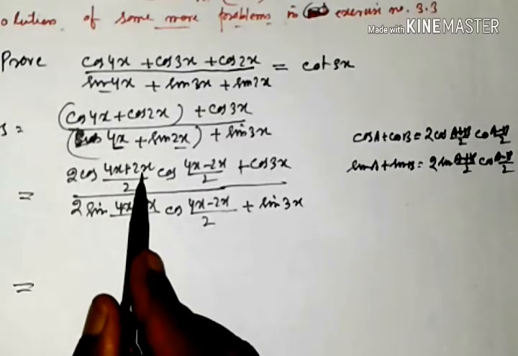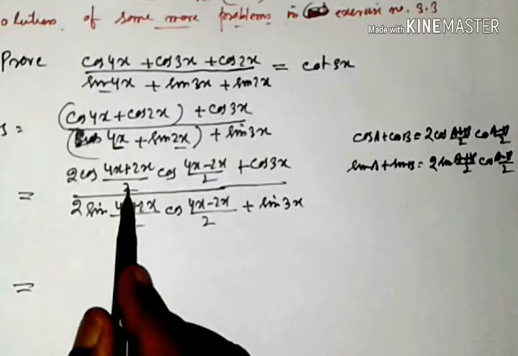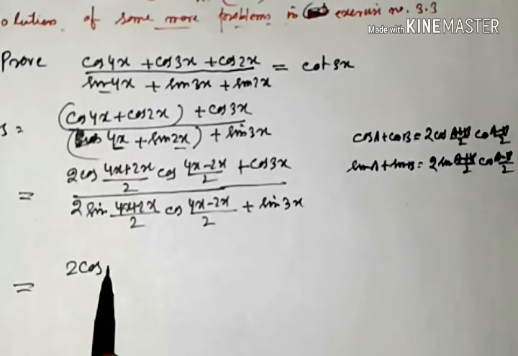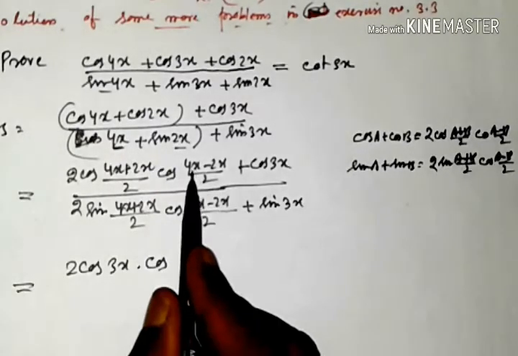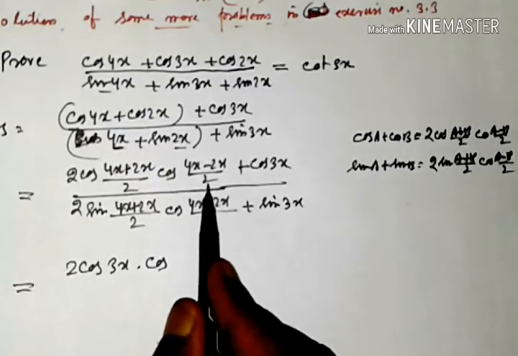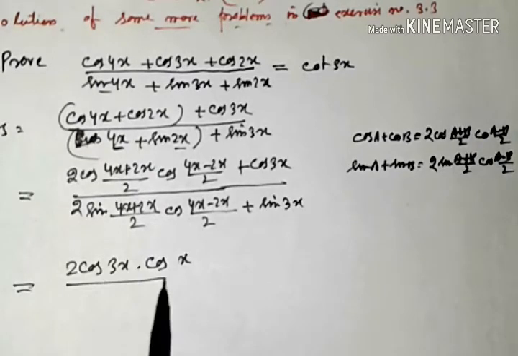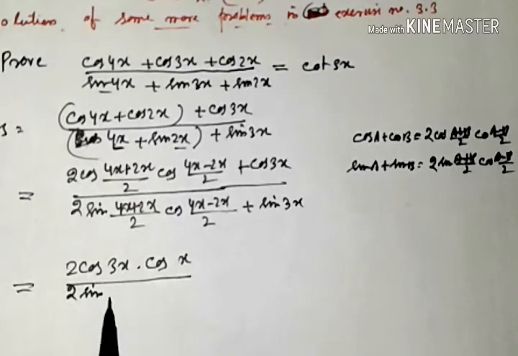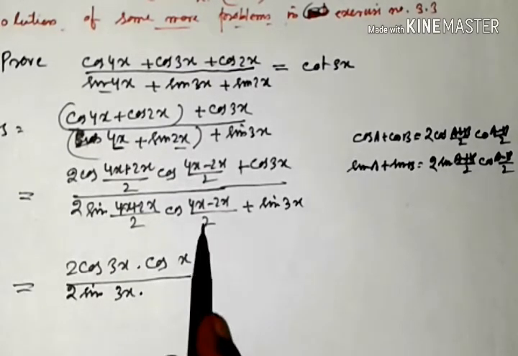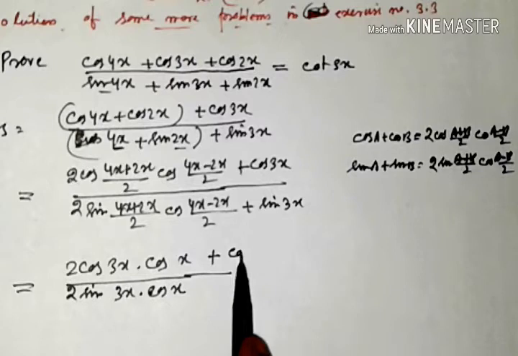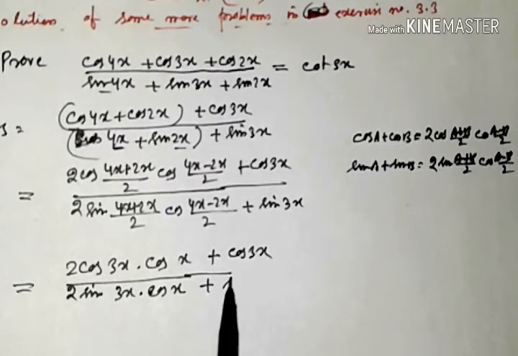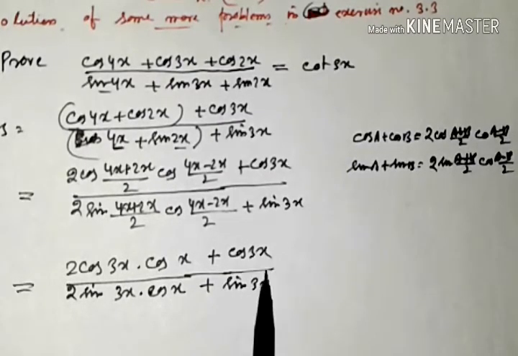Now 2 cos (6x divided by 2) is 2 cos 3x, and cos (4x minus 2x) divided by 2 is cos x. Similarly 2 sin (6x divided by 2) is 2 sin 3x cos x, plus cos 3x, plus sin 3x.